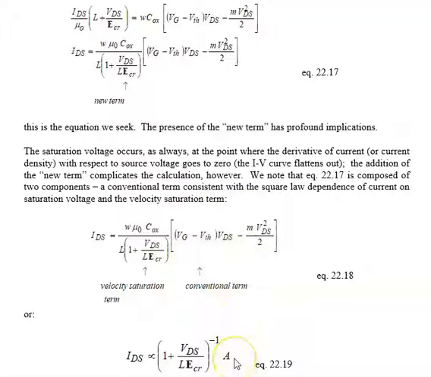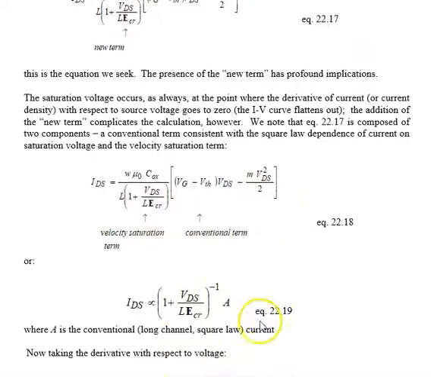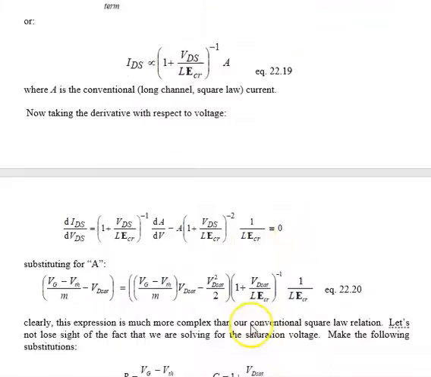I just call it A. So IDS is proportional to, if we just take out these terms, they don't really add anything, that's why the proportionality constant here multiplied by this term, which is 1 plus VDS over L, to the power of minus 1, because it's in the denominator.